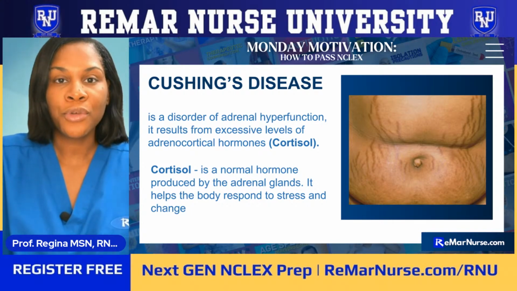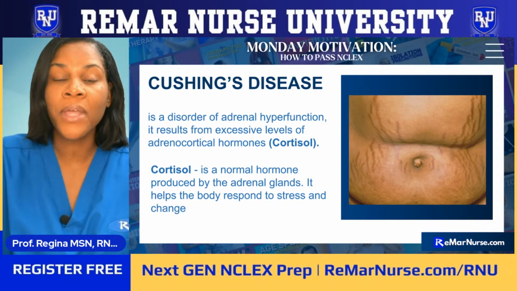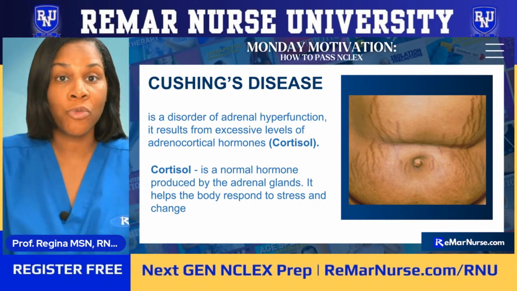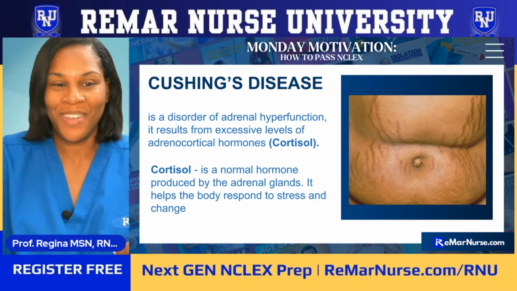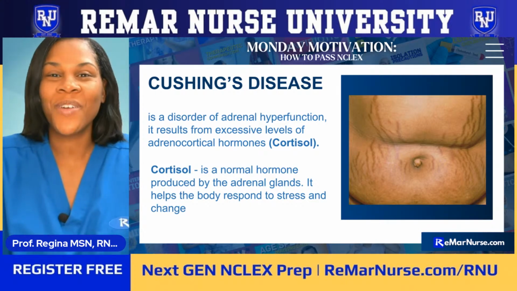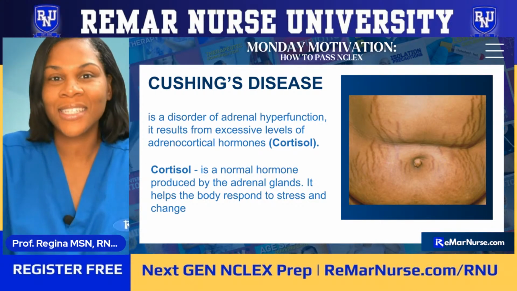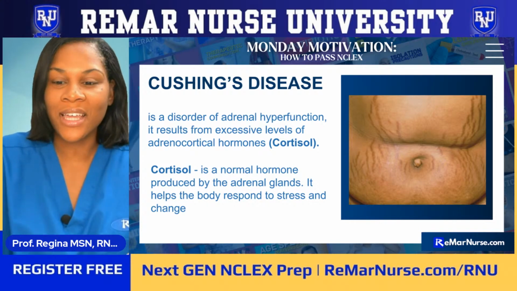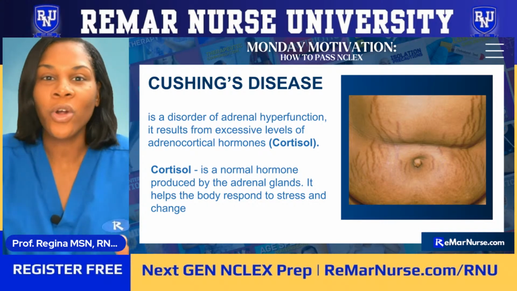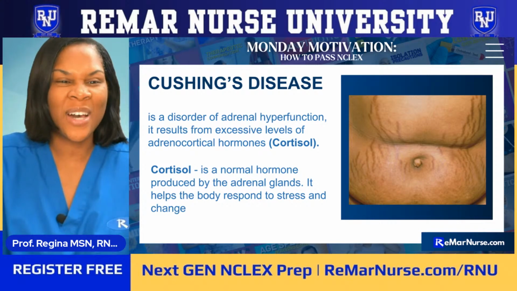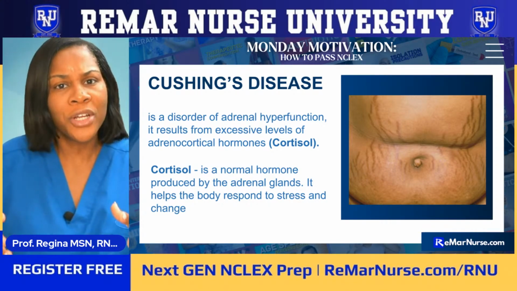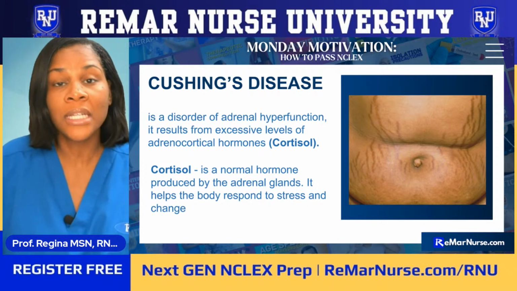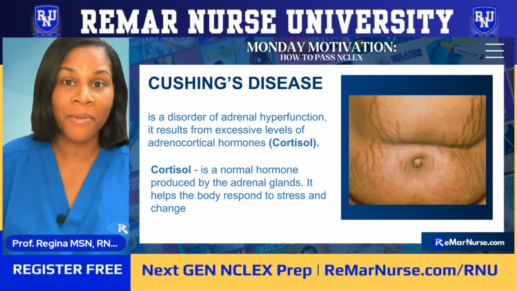The focus of the adrenal glands is to help us handle stress, to get through those tough periods in our lives where we are overworked, where we are underpaid, where we are students sitting in class, where we have an illness like influenza or COVID or chickenpox. That is when we get the adrenal hormones, we get the cortisol, we get the adrenaline. The adrenal glands are very important. They are located on top of the kidneys.